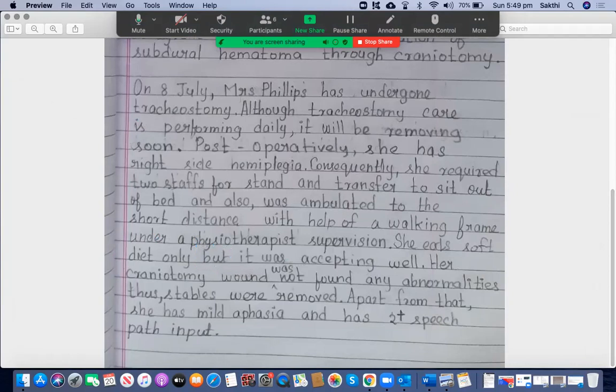This is wrong: her craniotomy wound was not found any abnormalities. No, no, no. No abnormalities were found in her wound. Or in her wound site. So this is wrong again.